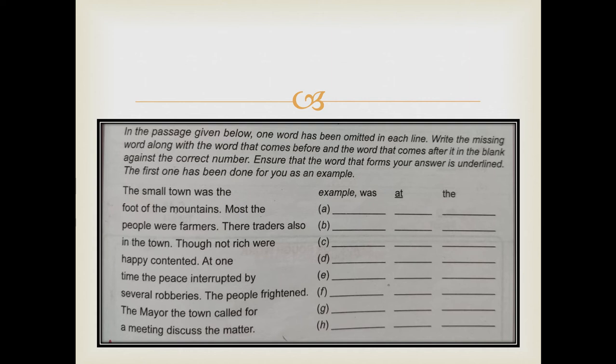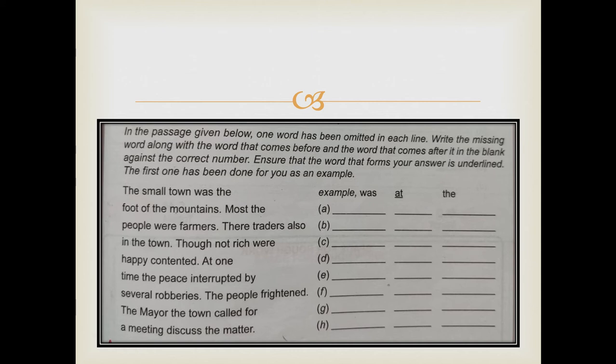Right? Next sentence. The mayor, the town, called for a meeting to discuss the matter. The mayor of the town called for. Okay, so mayor in the first blank, of in the second blank, and the in the third blank.